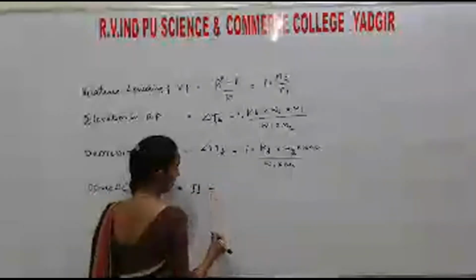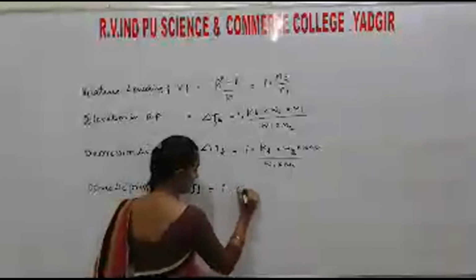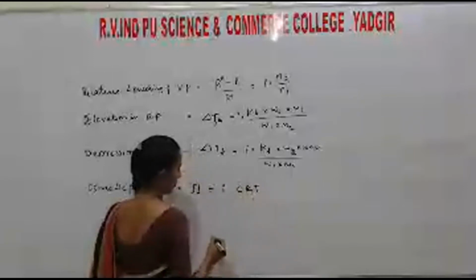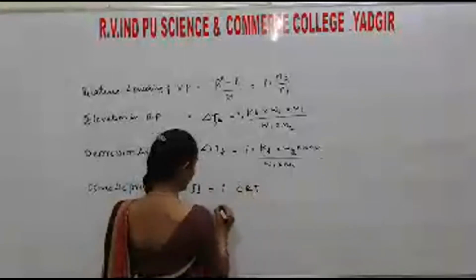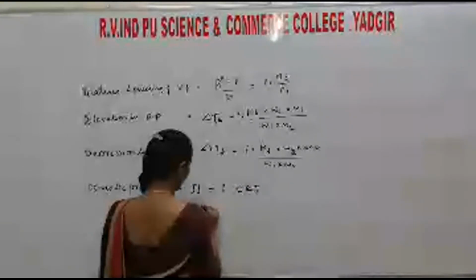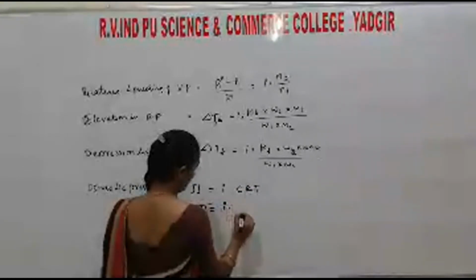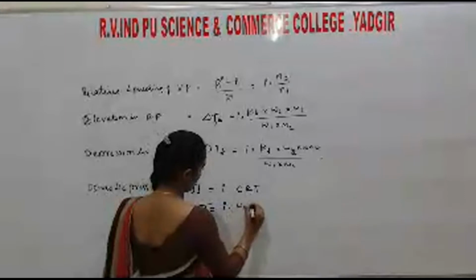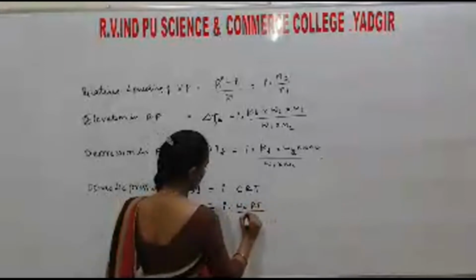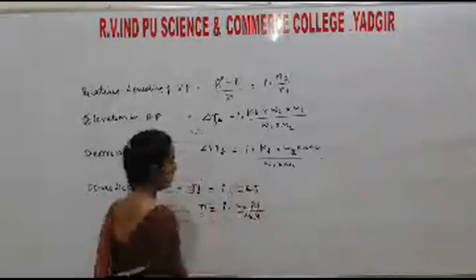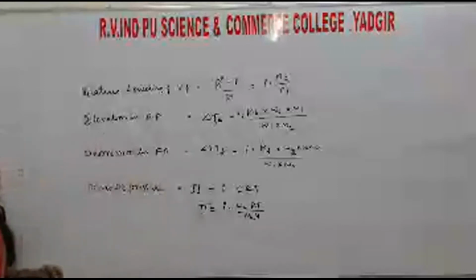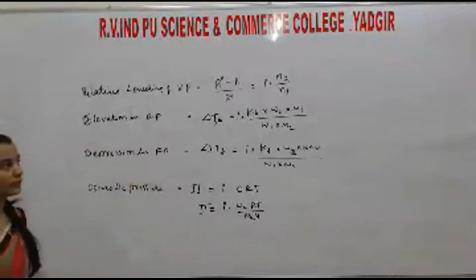Pi. It is taken as i CRT, and we will take it as i W2 RT divided by M2. So these are the formulas we are going to consider after we apply abnormal masses.